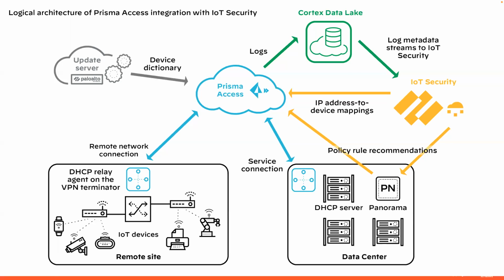So how? PAN-OS, whether it's Prisma Access or a physical firewall, identifies these devices as it looks for them logging on to the network. When you install a smart thermometer in your house or a Ring doorbell or whatever, it connects typically using DHCP.